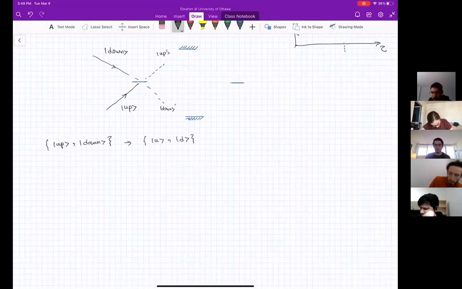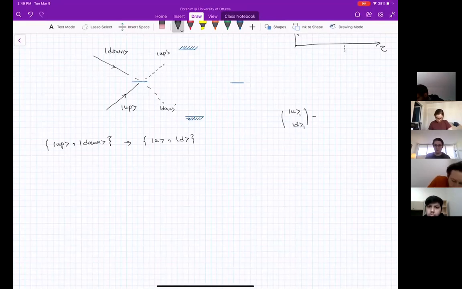They will be linked to D and U with what? With the beam splitter action that we just described. So let me write it down. U prime, let's call it U1 and D1, is given by the beam splitter action on U and D.